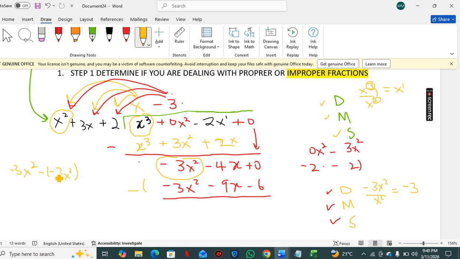Okay, negative and negative make positive. So negative 3x squared plus 3x squared, that is 0. So where there's a 0, you don't need to write that 0. Just leave it blank. Just shows it has gone.